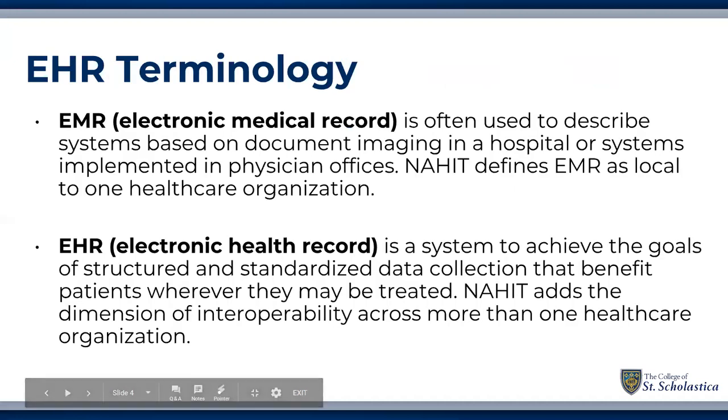As it states here, an electronic medical record, or EMR, is used to describe systems based on scanned images of health information in a hospital, or systems generally implemented in physician offices. The National Alliance for Health IT defines an EMR as local to one healthcare organization.